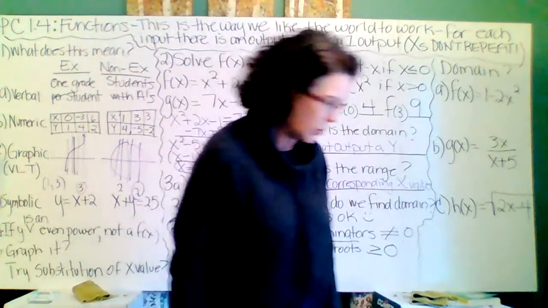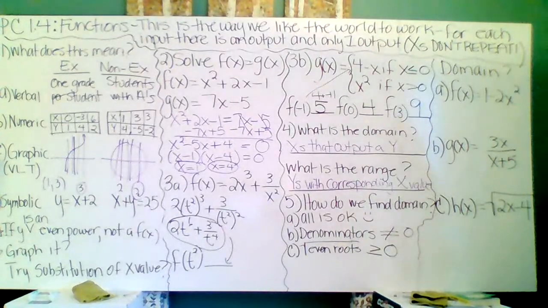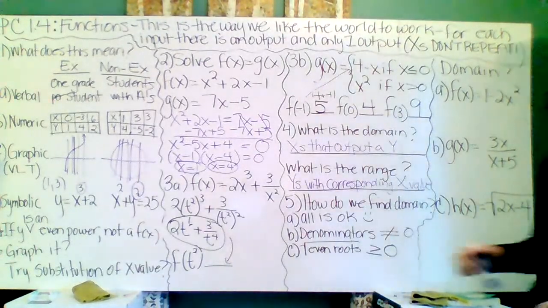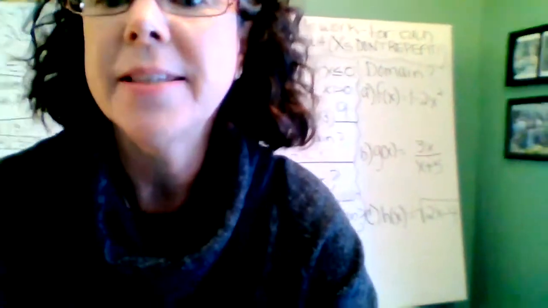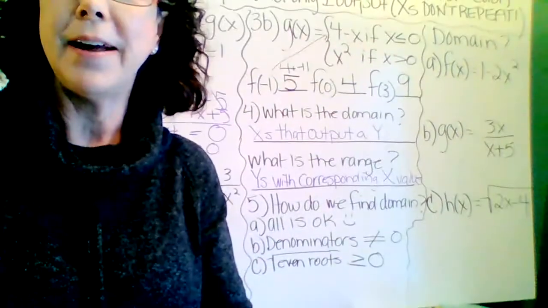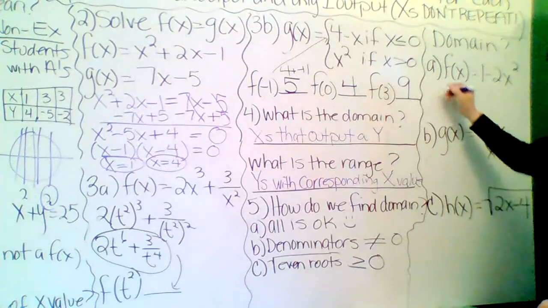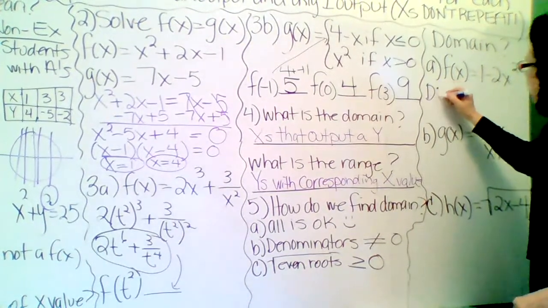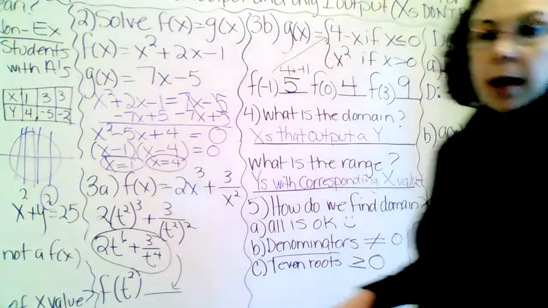Let's run through, okay? F of x equals 1 minus 2x squared. Now the way I write domain, let's see if I can get you in here a little bit closer, right? Since we're on our last piece. There we go. Domain I usually just write with a capital D and a colon so I don't have to keep writing it. Number 1, everything's okay.